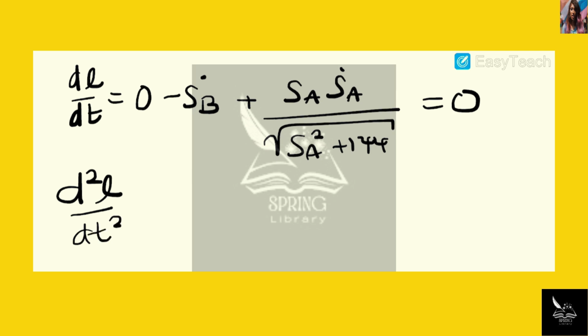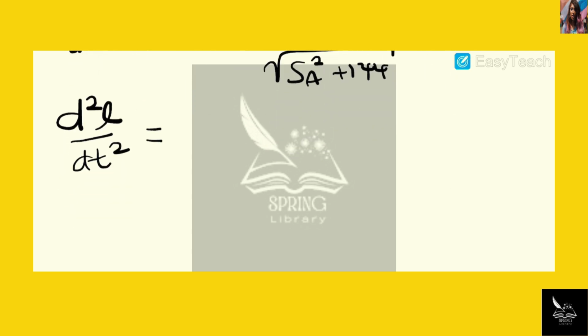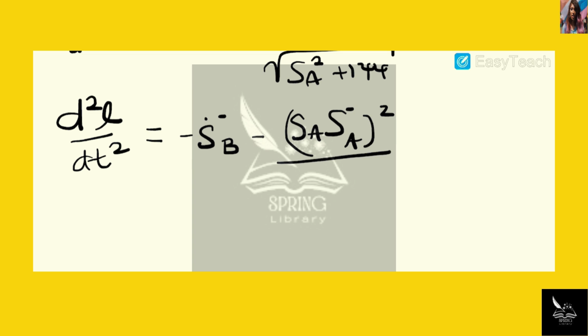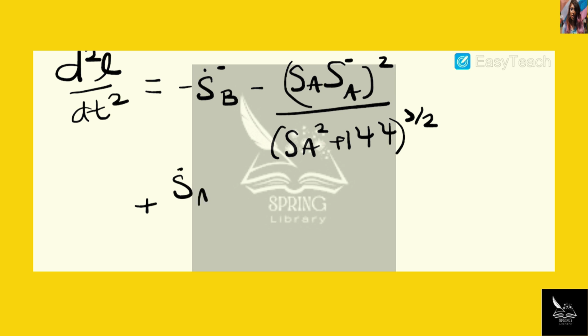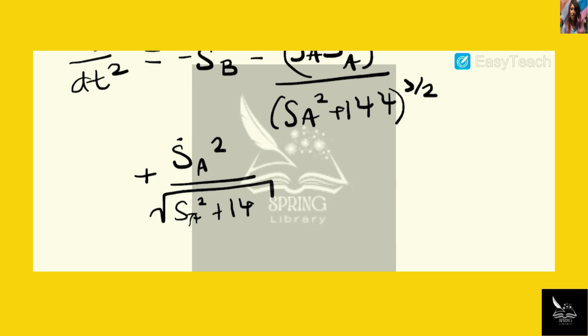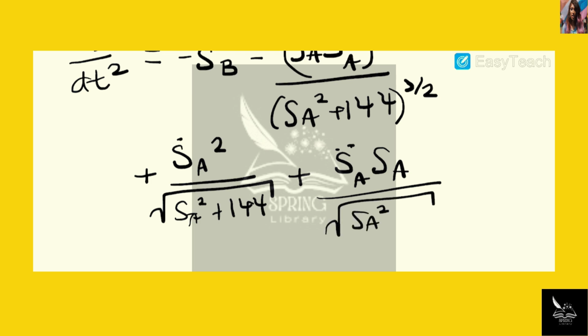The second derivative gives us negative SB double dot, minus SA times SA dot squared all over SA squared plus 144 raised to the 3/2 power, plus SA dot squared all over the square root of SA squared plus 144, plus SA double dot times SA all over the square root of SA squared plus 144. And this is equal to 0.